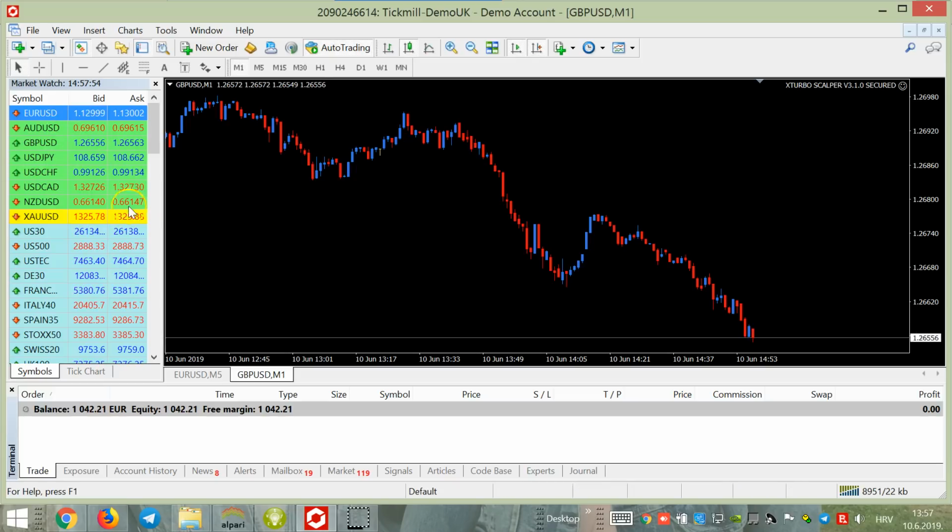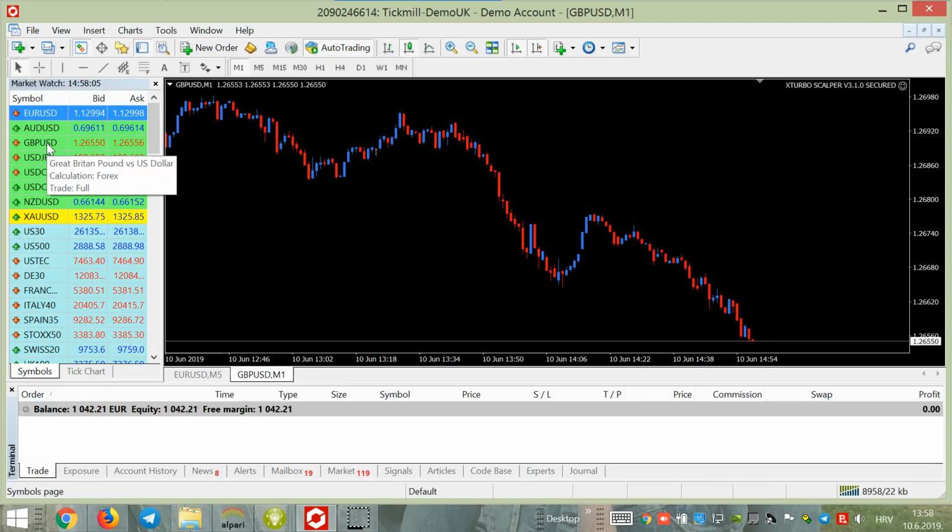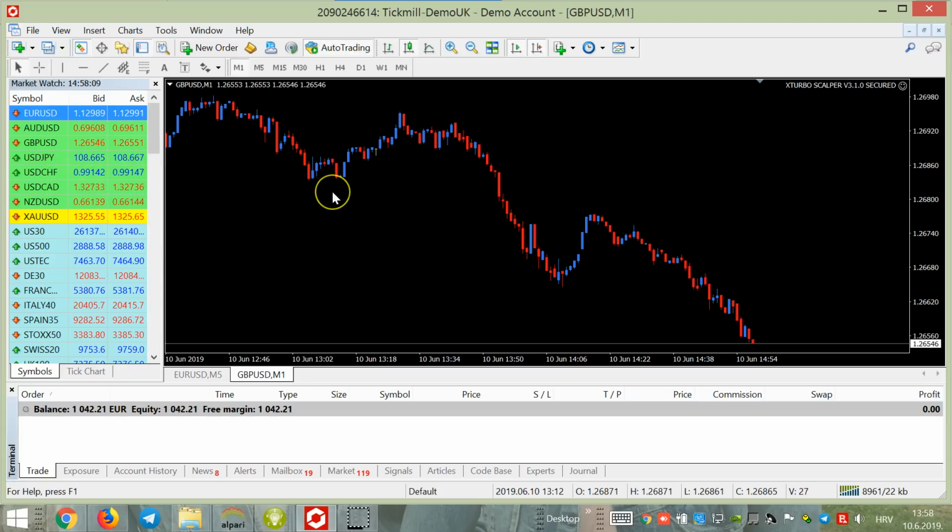These are the most important for this, and what you see here, these are working the best. But far away the best, according to my trading history, is GBP USD.